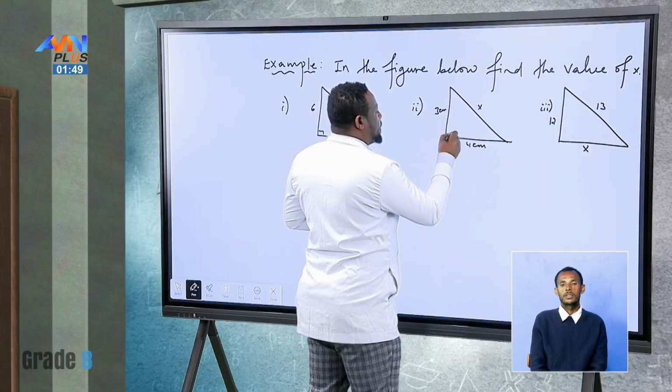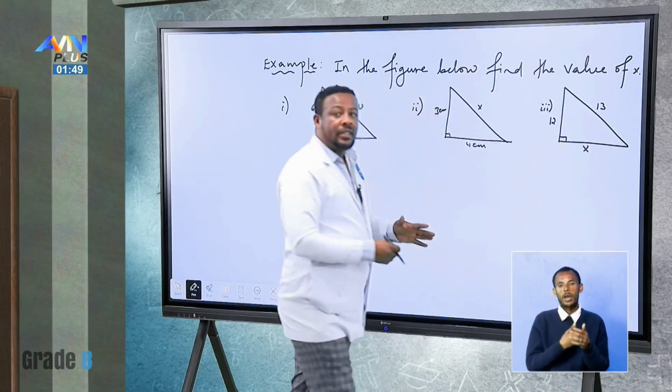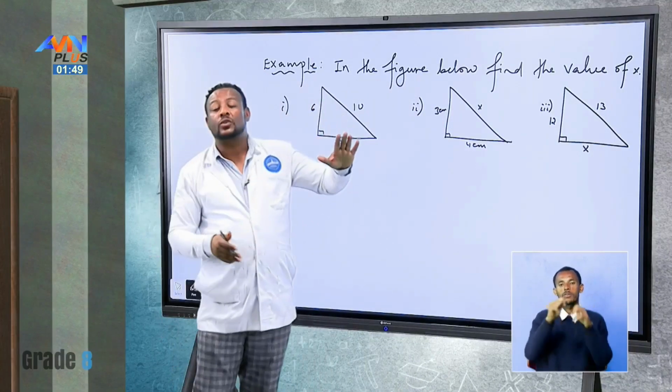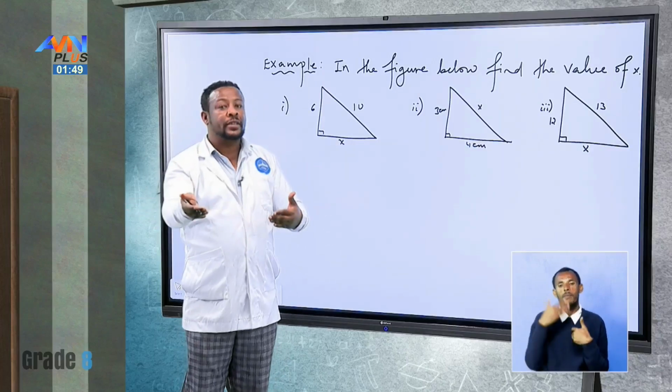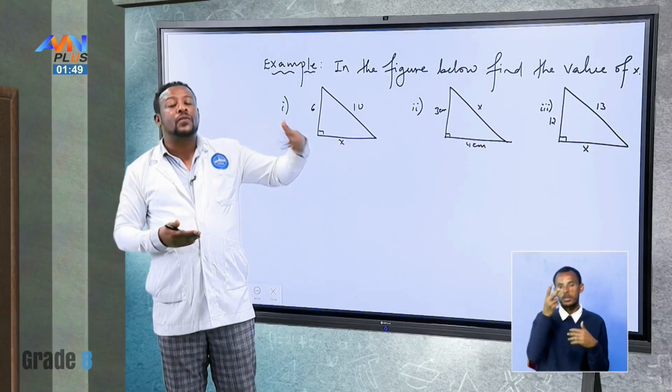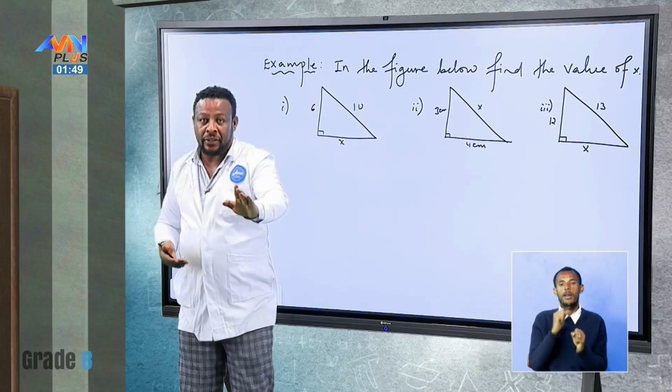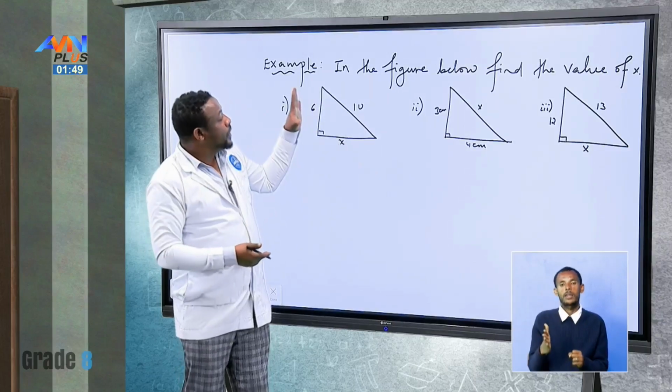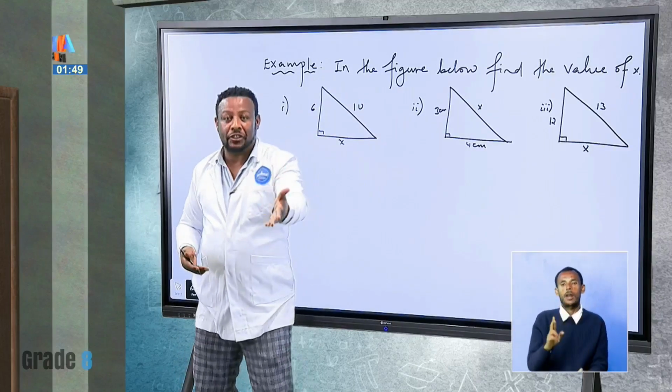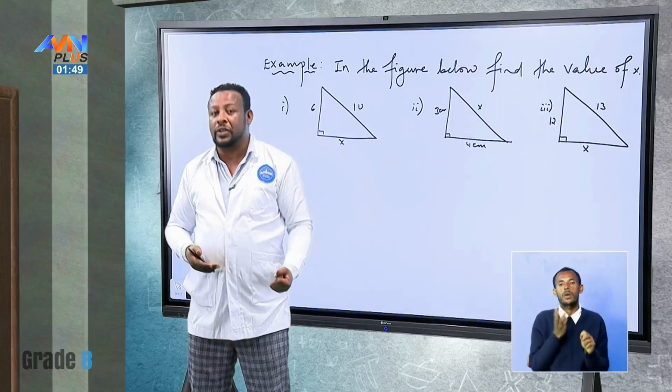So suppose we have these three triangles. In each of these three triangles, we have a certain unknown side. So we will see how we can find these unknown sides, right?